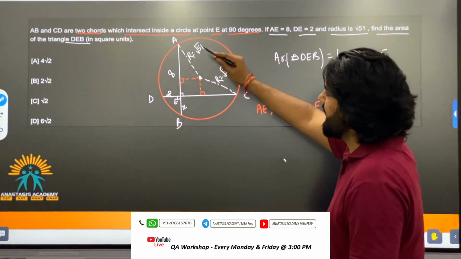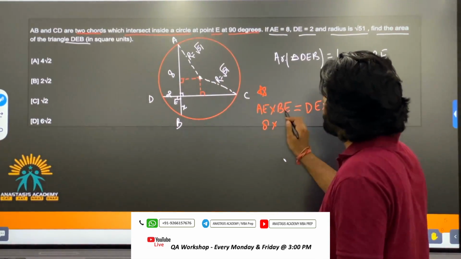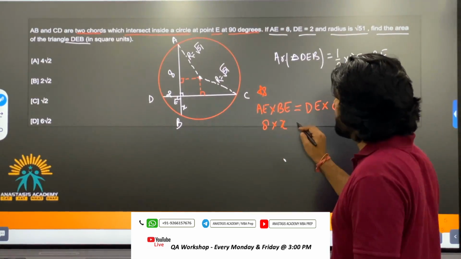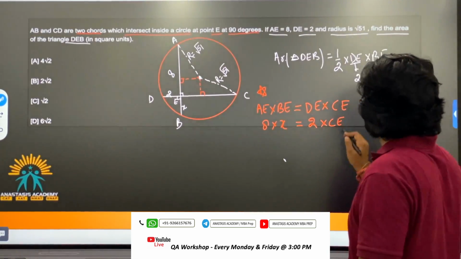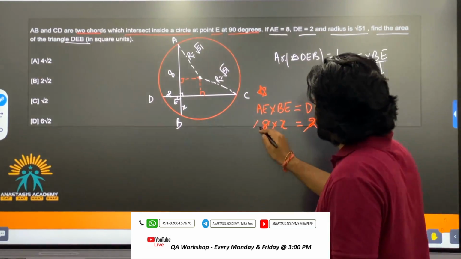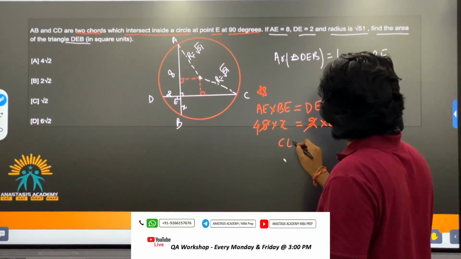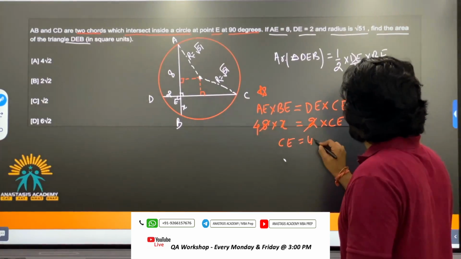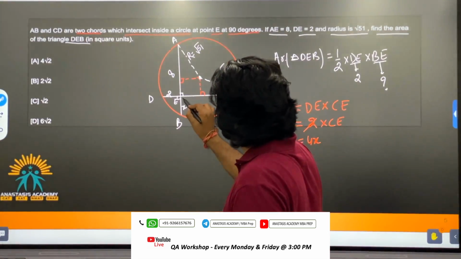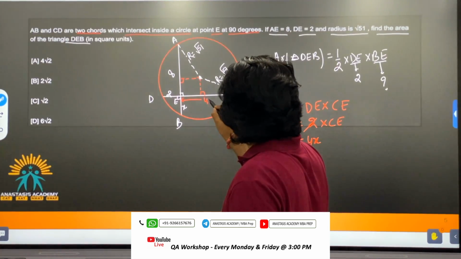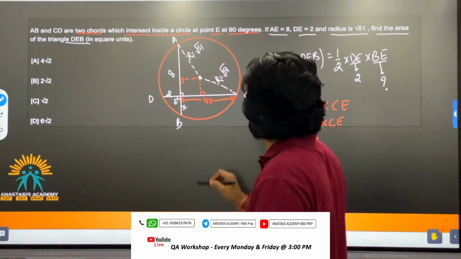So AE is 8, BE I have assumed as x, equals DE is 2 into CE. 2 and 8 get cancelled to 4, so I get CE as 4x.